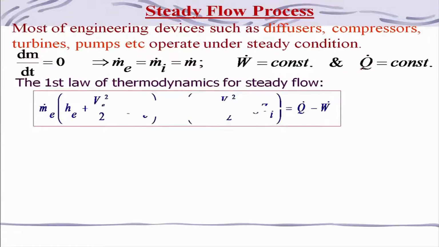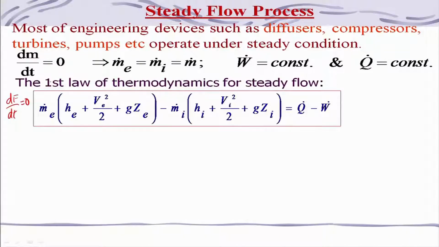Let us write the first law of thermodynamics for a steady flow process. It will be m dot times the total energy at the exit, minus m dot times the total energy at the inlet, is equal to Q dot minus W dot, because in this case dE/dt is equal to 0.